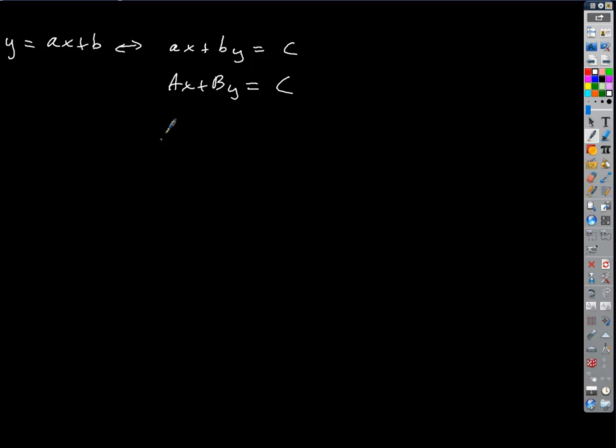What if I did this instead? Ax plus by plus cz equals d. What's that? That's a flat plane in space. Right? So that's an infinite plane floating around in a three-dimensional space. We can generalize this.